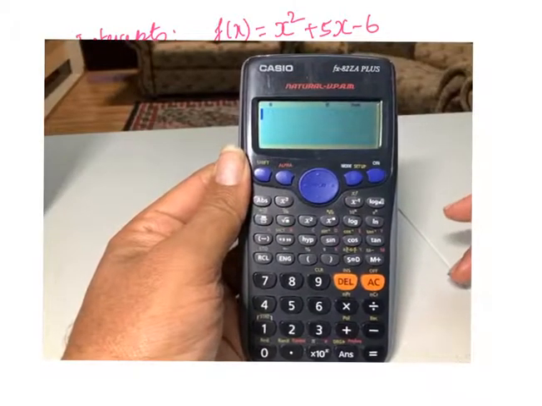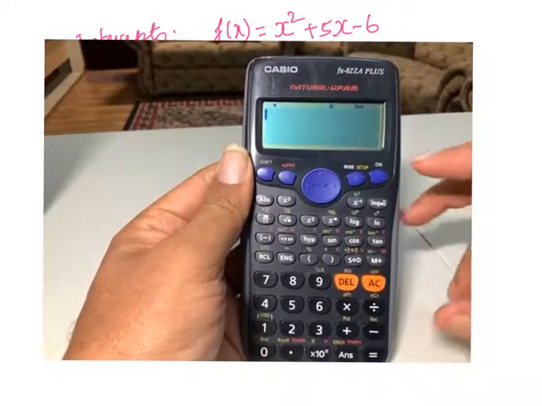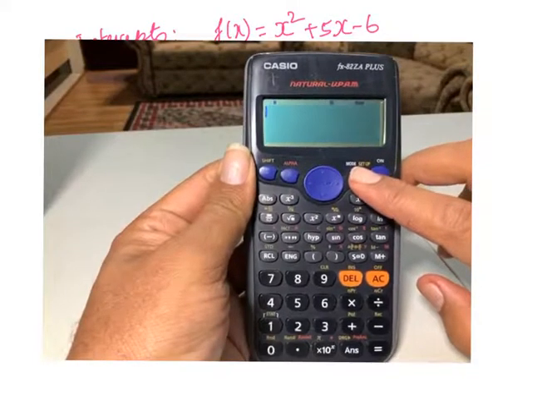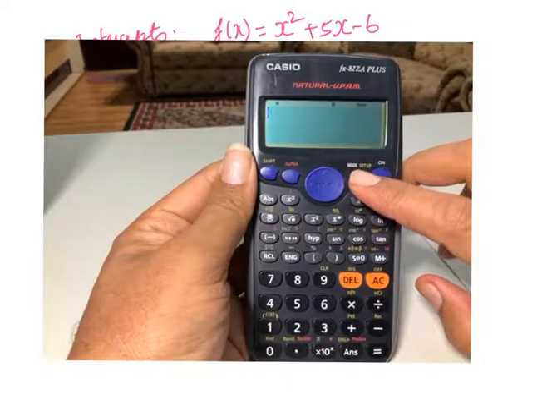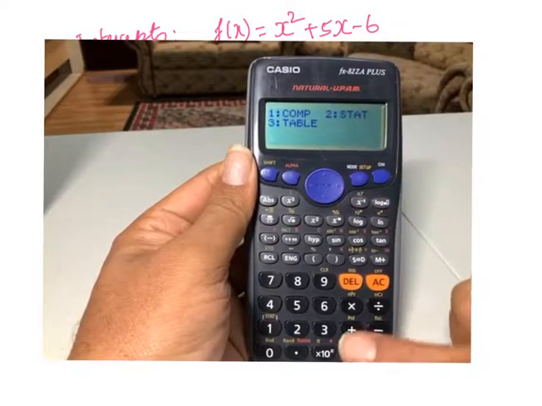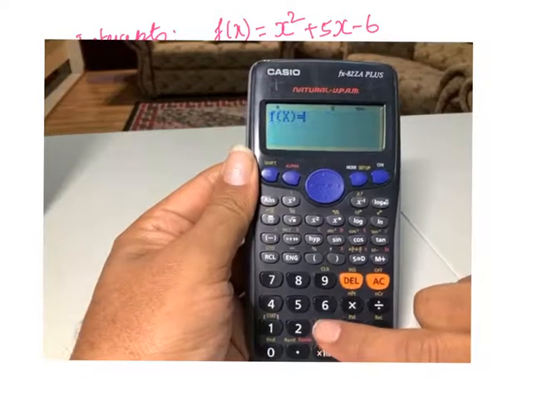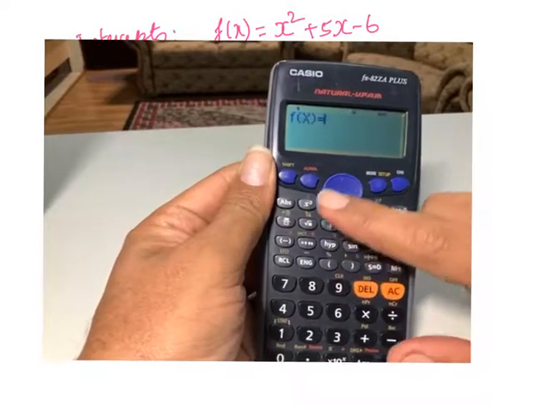Now I am trying to show something on the calculator on solving a quadratic equation or any polynomial equation. I use this mode setup, and I use option number 3, which is called table, and I type my quadratic equation.